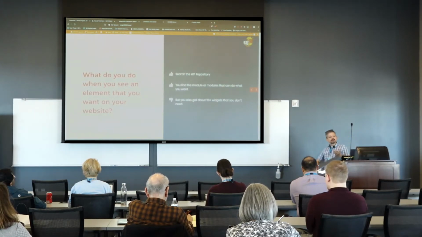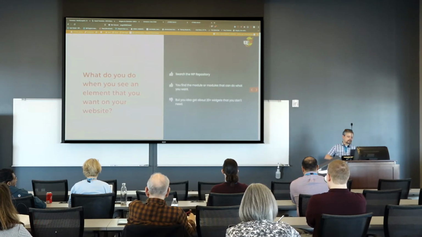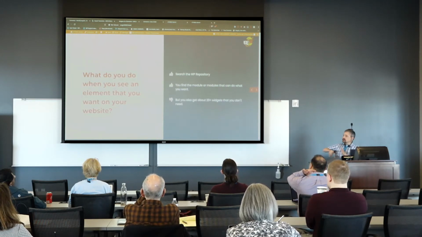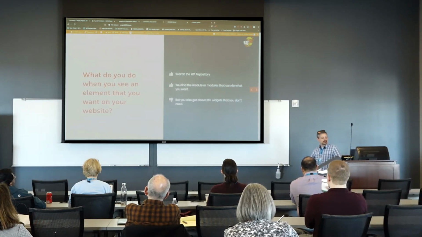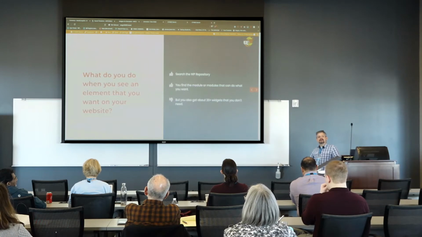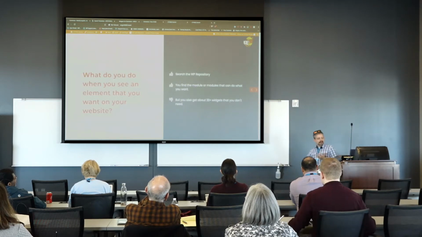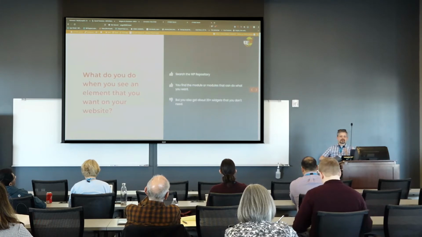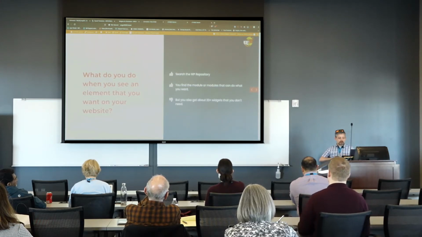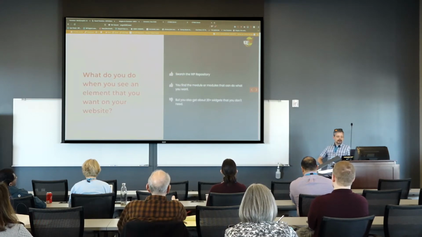So what do you do when you have your Elementor site, right? And you're searching for a cool module or element and you can't find it. Before I found Unlimited Elements, which is what we're going to use to create an element, I would go and search for Elementor widgets in the WordPress repository and install it.